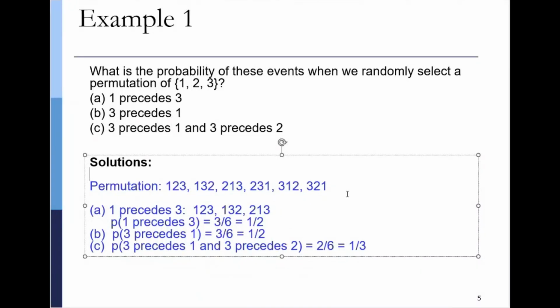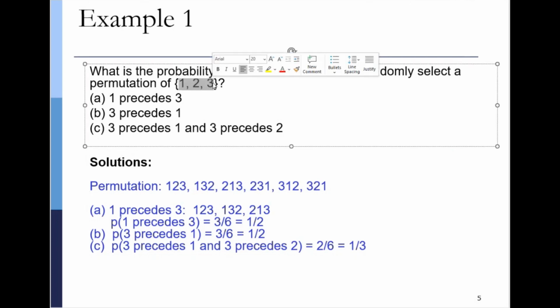Any more possibility? No more already. How many permutations here? 1, 2, 3, 4, 5, 6. So we can take 1, 2, 3 and arrange them 6 different ways.